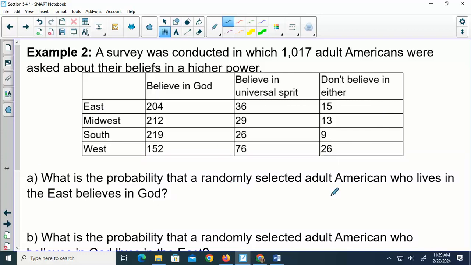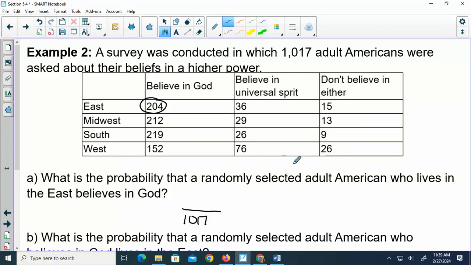What is the probability that a randomly selected adult American who lives in the East believes in God? Okay, how many people do we have altogether? But when I looked at this, am I looking at everybody? No. So if I was just asking you for the probability that a person from the East believed, then it would be out of everybody.